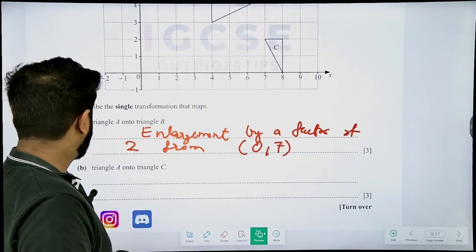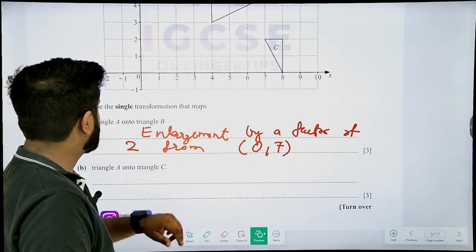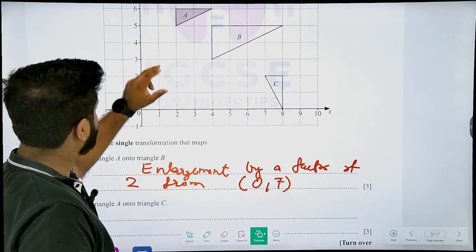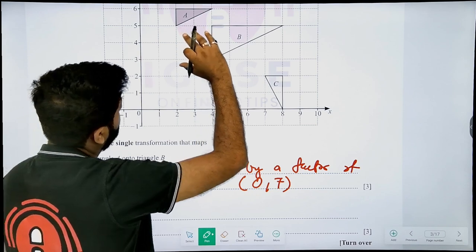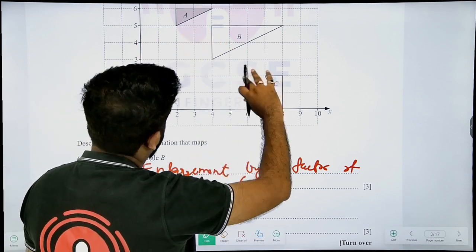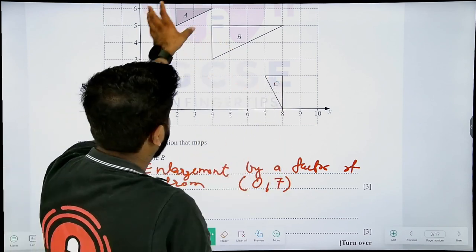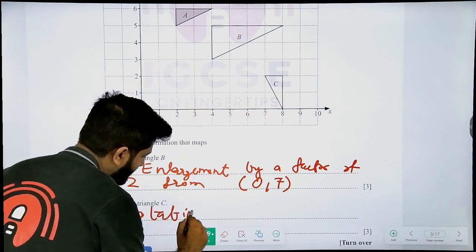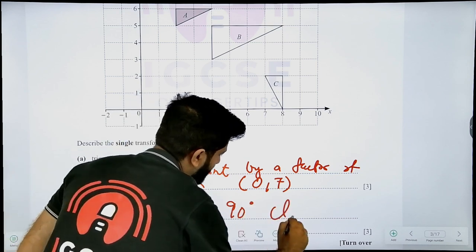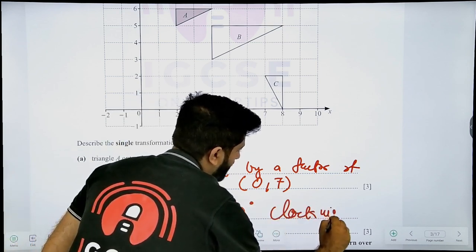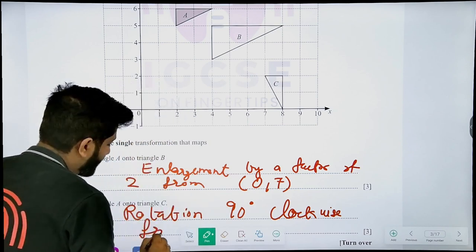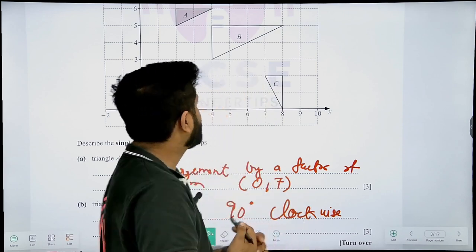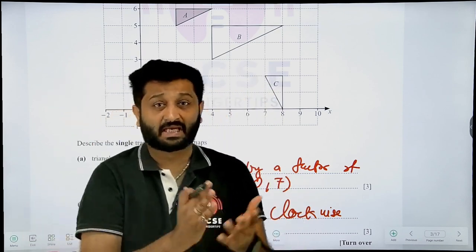Next, find the transformation from A onto C. A onto C seems like a rotation of 90 degrees clockwise. So I'll write rotation 90 degrees clockwise from. Now guys, what center are you supposed to take? You can easily find the center using tracing paper.